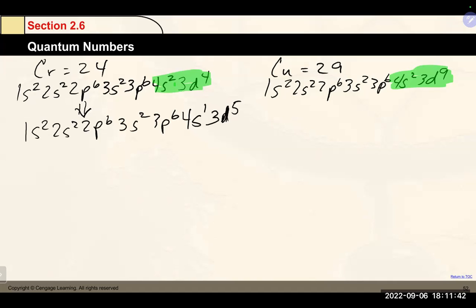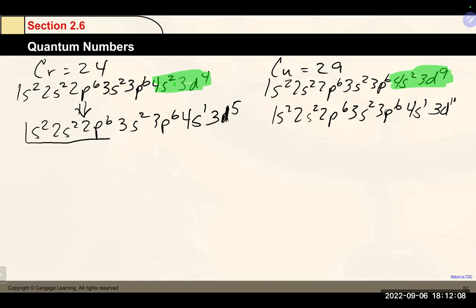That basically puts a single electron in each of the d orbitals, all heading in the same direction, parallel, which is a little bit more stable. Same exception over here at copper: 1s2, 2s2, 2p6, 3s2, 3p6, 4s1, 3d10. That's going to pair up everybody there in the d orbitals.